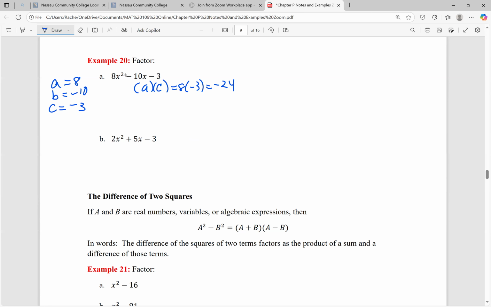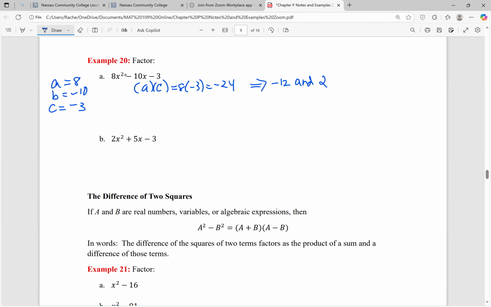And what comes to mind is 12 times 2, because a 12-2 combo can add up to negative 10, right? If we get the signs right. So my factors are going to be a negative 12 and a positive 2, right? Negative 12 times 2 is negative 24, but negative 12 plus 2 is negative 10.